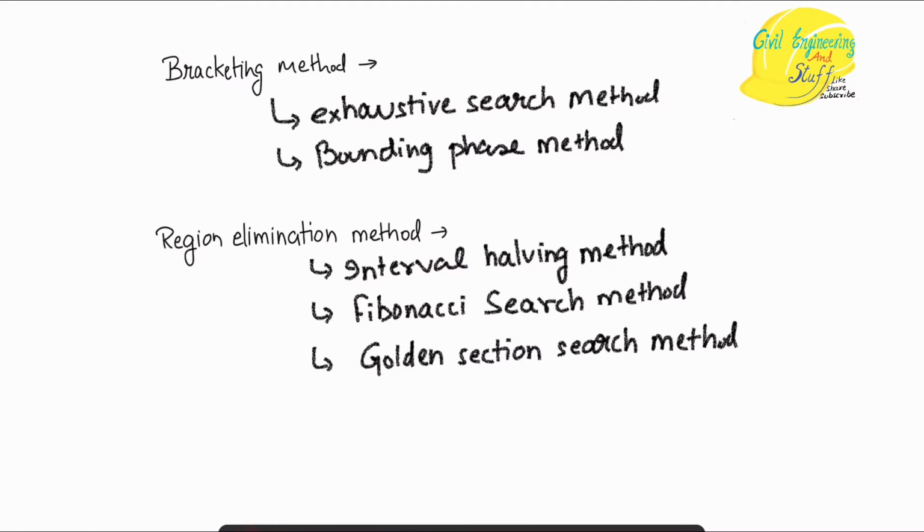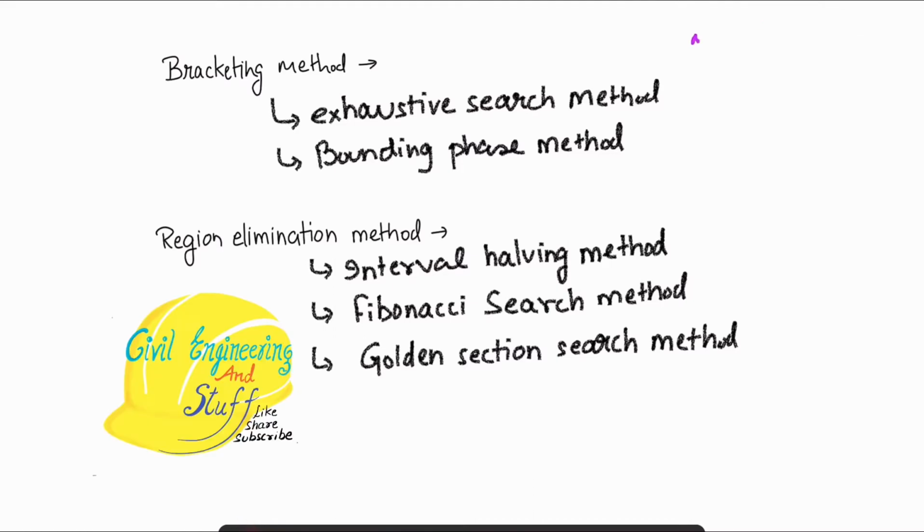In the bracketing method, suppose we have a function f(x) defined in the range AB, and we need to find the minima of the function. If x star is the minima, we need to find the range in which the minima of the function will lie.